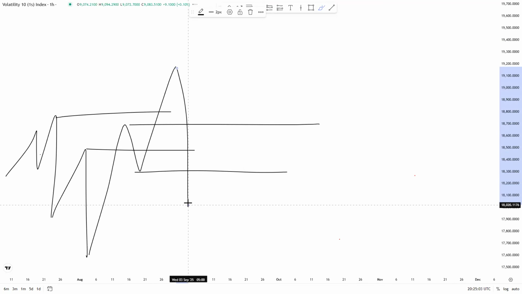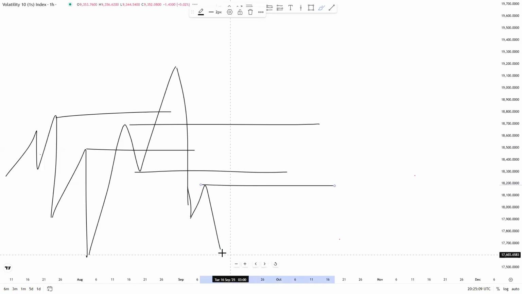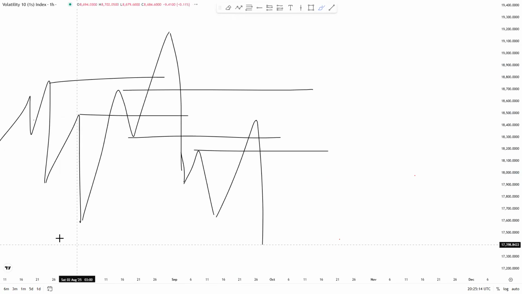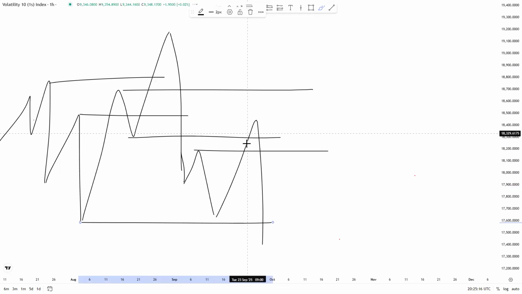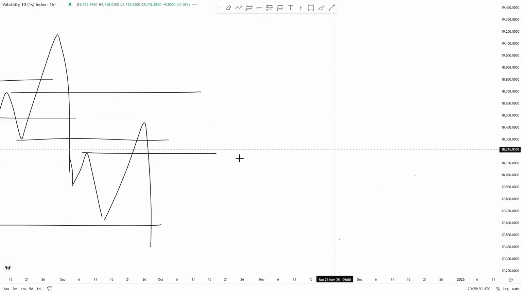What will you now do? It has flipped, this zone is still valid. You wait for inducement and you sell it here. That's the only reason you will not take this buy, if this is taken out. And if this is taken out, you will now continue your sell. I hope this is not confusing you guys, please. The difference between violation and mitigation.